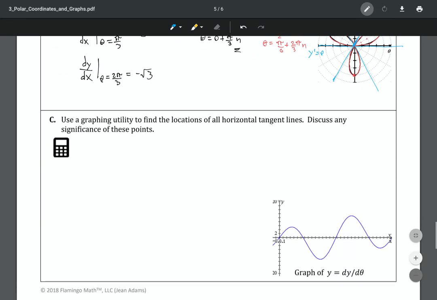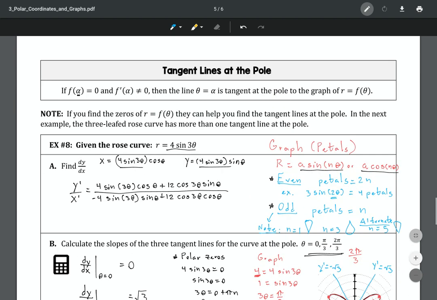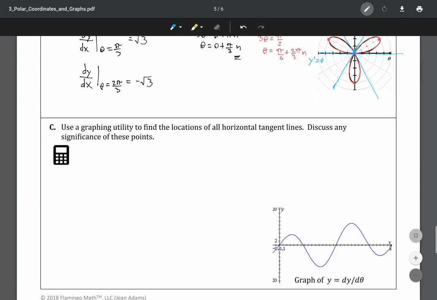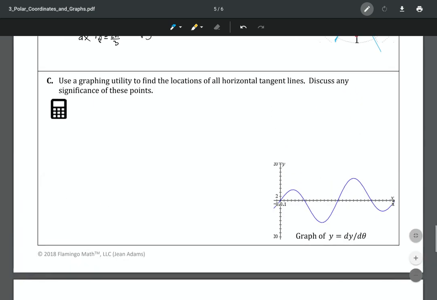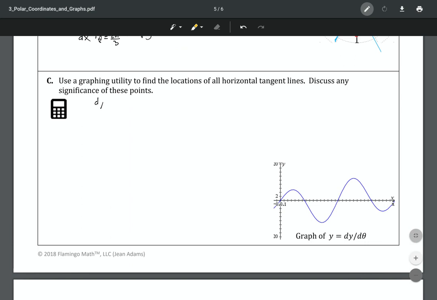Now, on C, first of all, it's asking us to find the horizontal tangent lines, right? Have we done that already? Oh, not for this one. So for this, what we have to do is set the derivative equal to 0, but to be precise, since we don't want to waste a whole lot of time, really all I have to know is when the numerator is equal to 0, meaning all I have to do is find out when dy d theta is equal to 0.